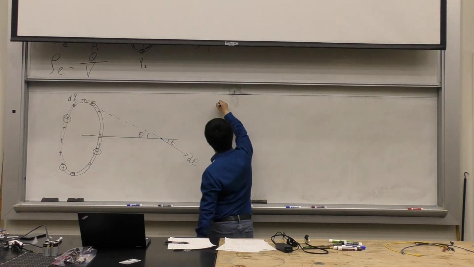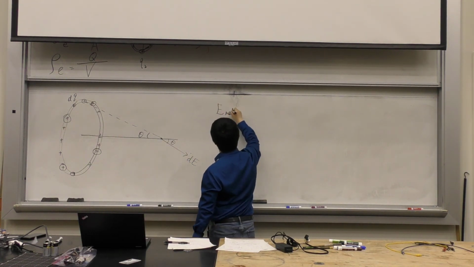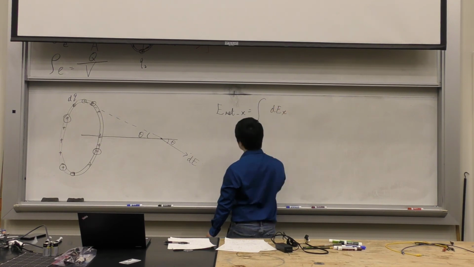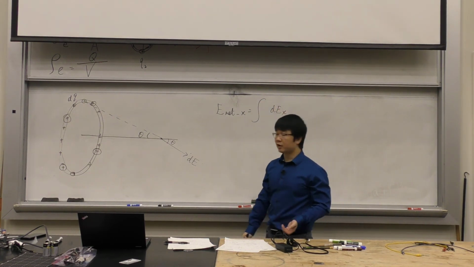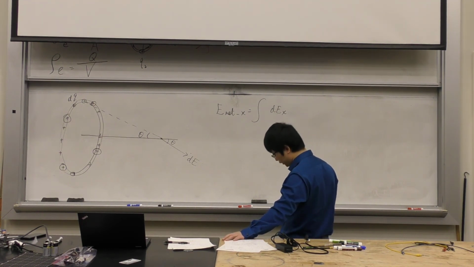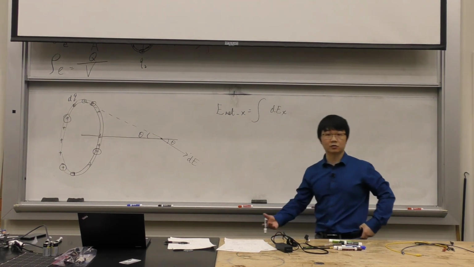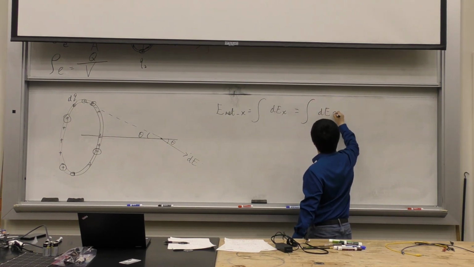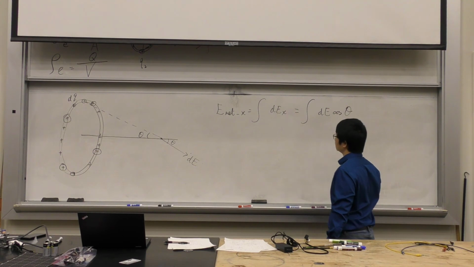The steps are still the same. The net electric field in the x direction is going to be the sum of the dE_x. You add them together, now you have an infinite number of electric fields, so you just integrate. This becomes dE cosine theta.